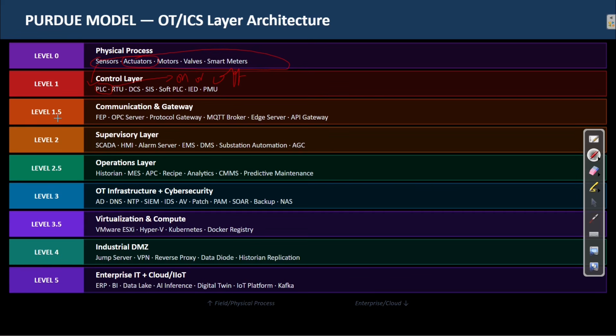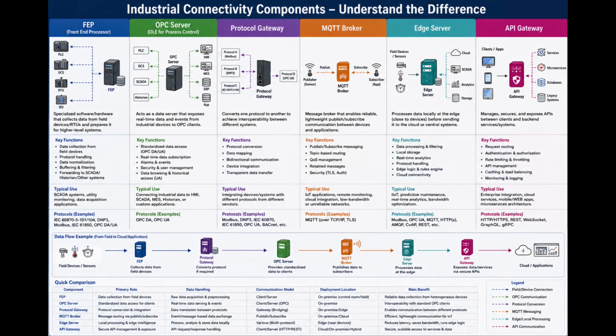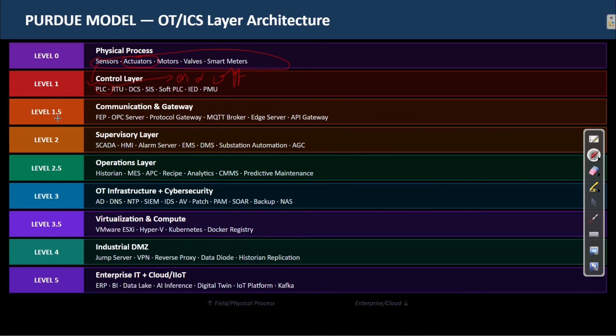Which components can we use at this particular level? FEP, that is front end processor, OPC servers, protocol gateway, MQTT broker, edge servers, API gateways. For example, a Modbus PLC communicates with the SCADA using the OPC servers.